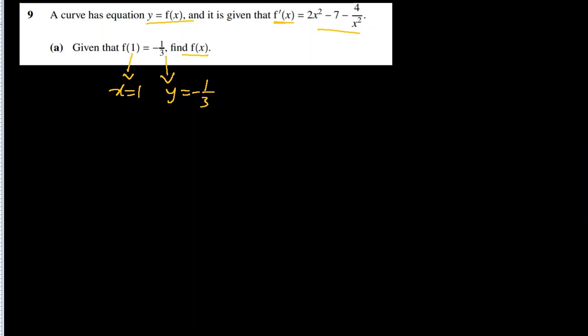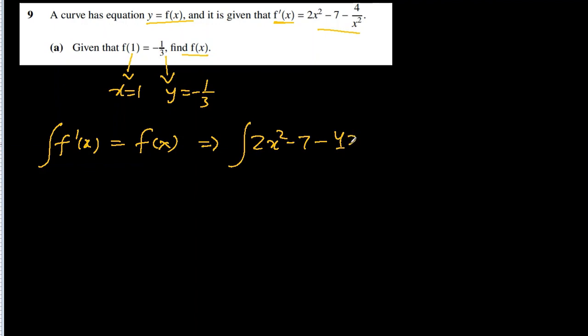That's what they're saying. So, to find f(x) from f prime x, the differentiated one, we have to integrate this. So, we will integrate f prime x to get f(x). And that's why we will integrate 2x squared minus 7 minus 4 over x to the power 2, let me write 4x to the power minus 2. Change it to this format, that will help.